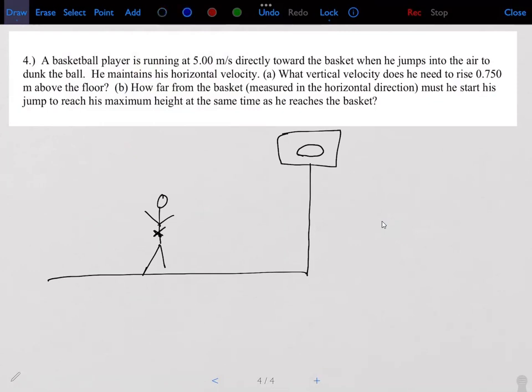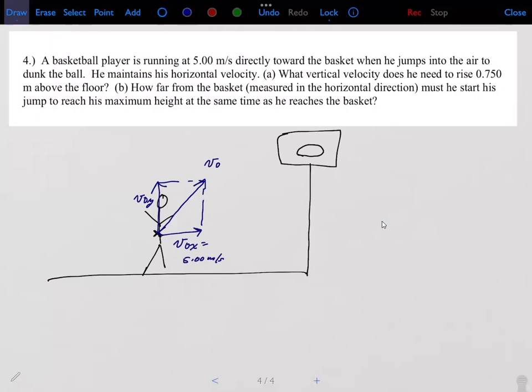So he's going to jump off the floor, right? And he has some velocity. And we actually know that the v naught x here is 5. And we want to figure out what his vertical velocity would have to be, v naught y. So this is v naught y.